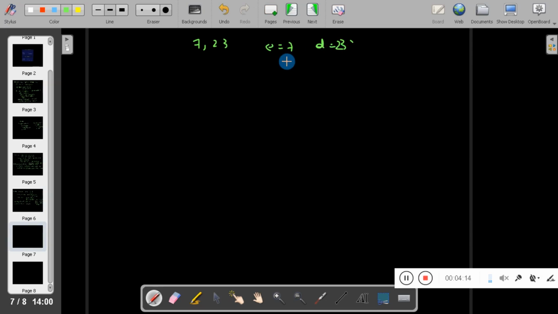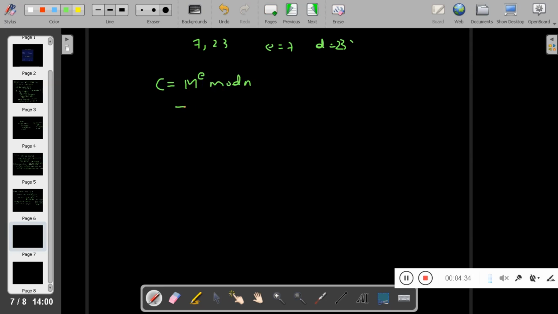Now we will take the message M is equal to 18. We know to encrypt the text, you have to raise M to the power of e mod n.